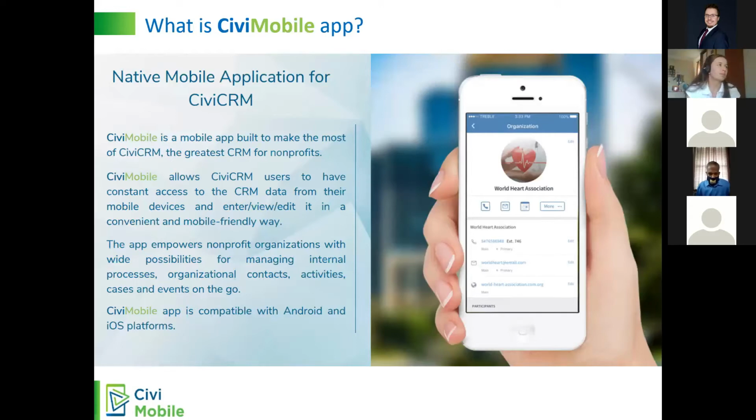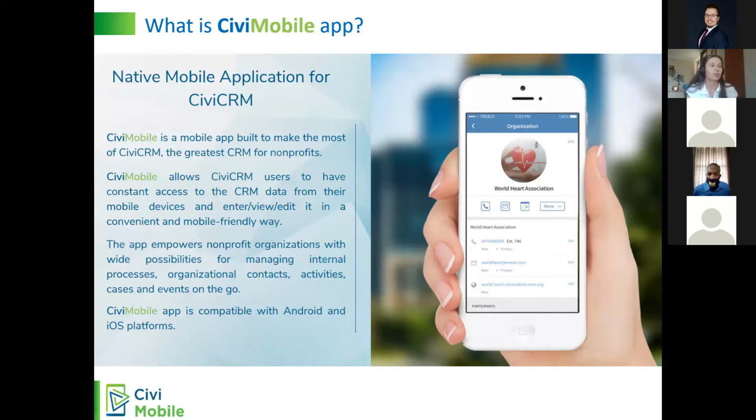Okay, so the CiviMobile application. This is a native mobile application for CiviCRM. The best, I think, application what we propose to use for NGO organizations, for political parties, for different international organizations. With its help, all users connect data, especially contact data from CiviCRM.